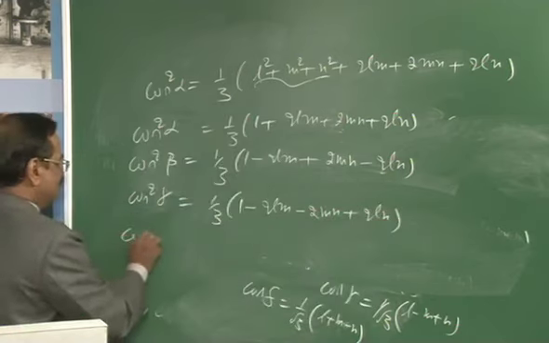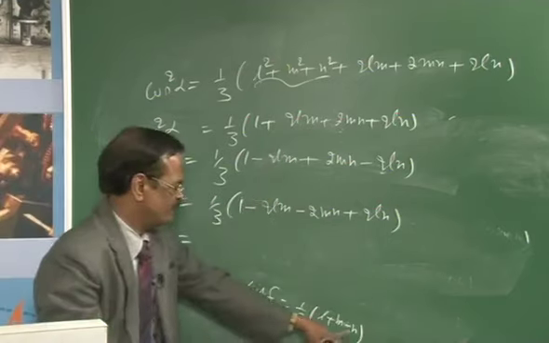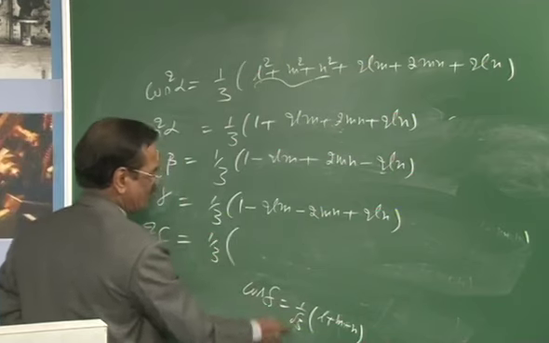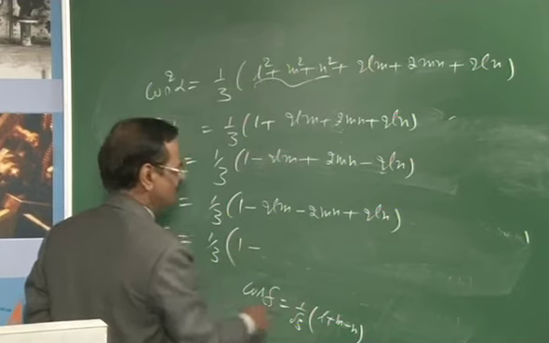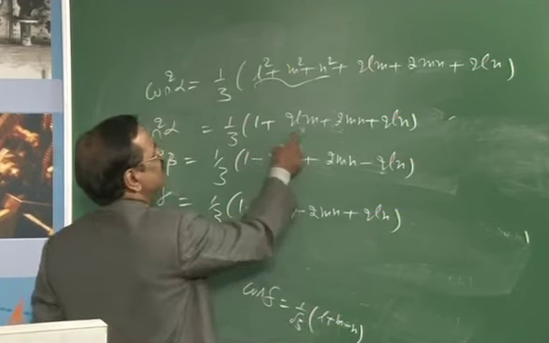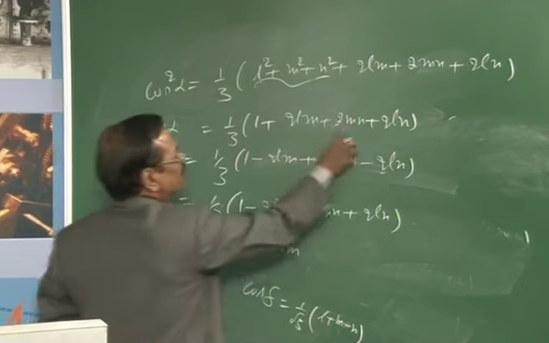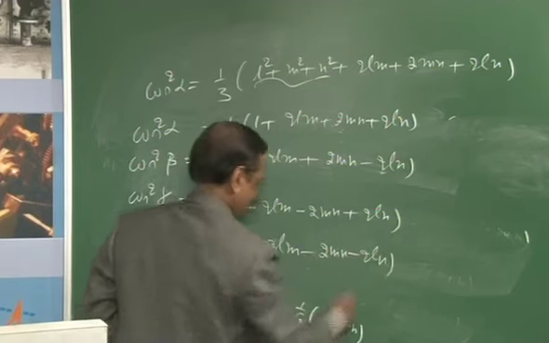Last one, cos squared delta, here n is negative. So, 1 by 3 into 1, because 1 by root 3 squared is 1 by 3, but wherever you find n, you change it to negative. It is plus 2 Lm, and these two are negative, minus 2 Mn minus 2 Ln.